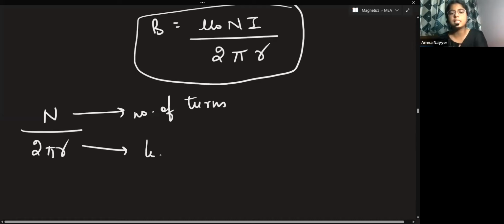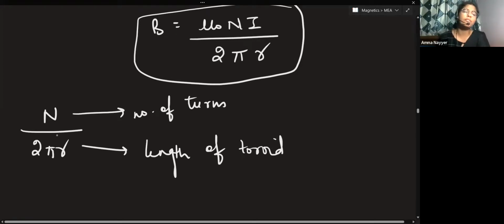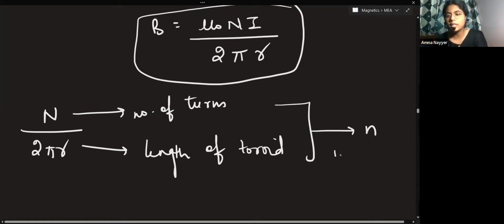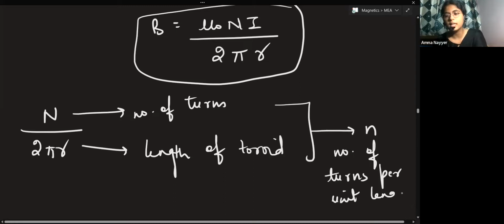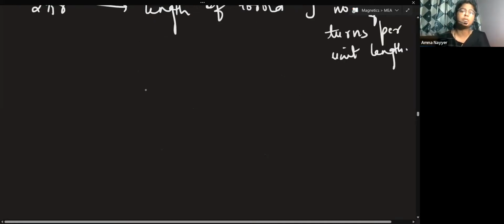So this becomes the number of turns per unit length, which we can write as small n. So finally, B is equal to mu naught, and instead of N divided by 2 pi R, I am writing small n, the number of turns per unit length, times I.